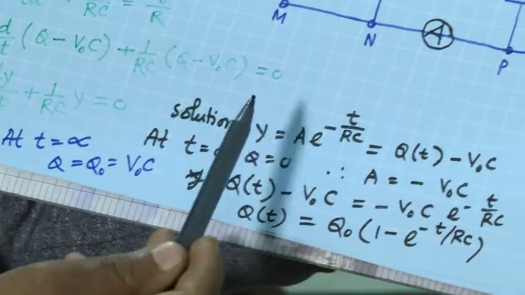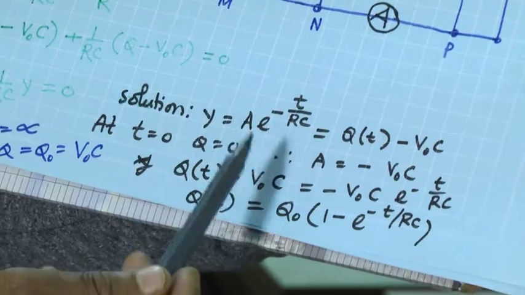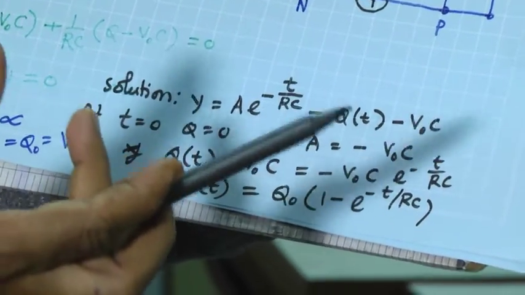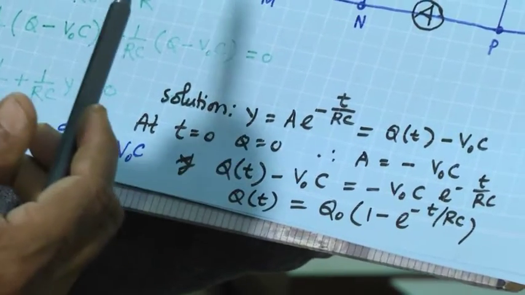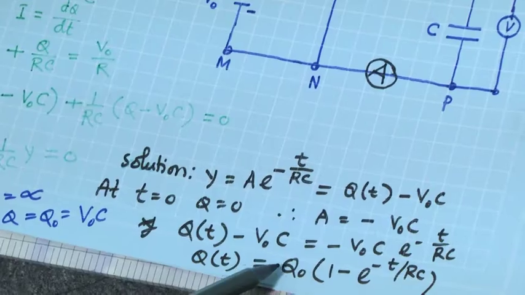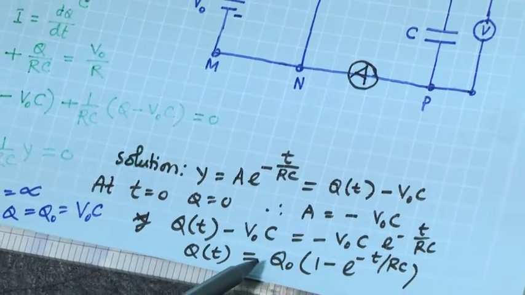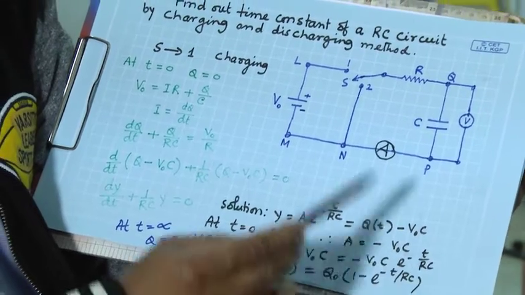So it is Q0 because when it is fully charged, the voltage across this capacitor will be V0. Then it is the full charge in the capacitor, that will be Q0. So Q equal to Q0 times (1 minus e to the power minus t by RC).